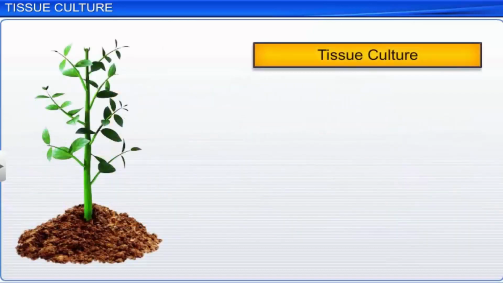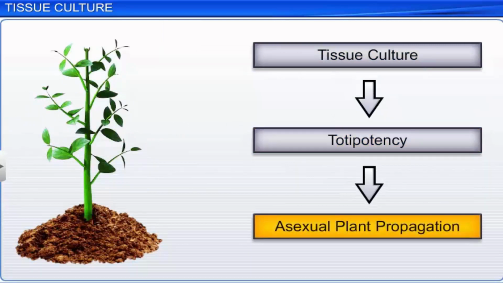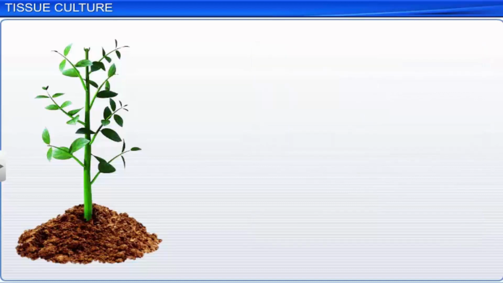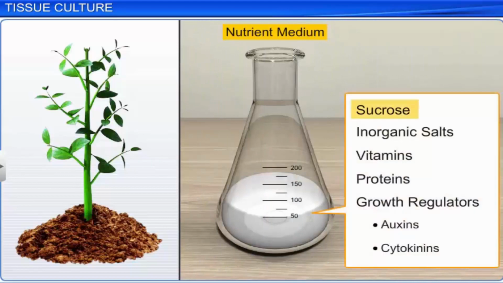Tissue culture uses this property of plant cells for asexual plant propagation in an aseptic environment. It requires a nutrient medium that contains sucrose, inorganic salts, vitamins, proteins, and growth regulators such as auxins and cytokinins.